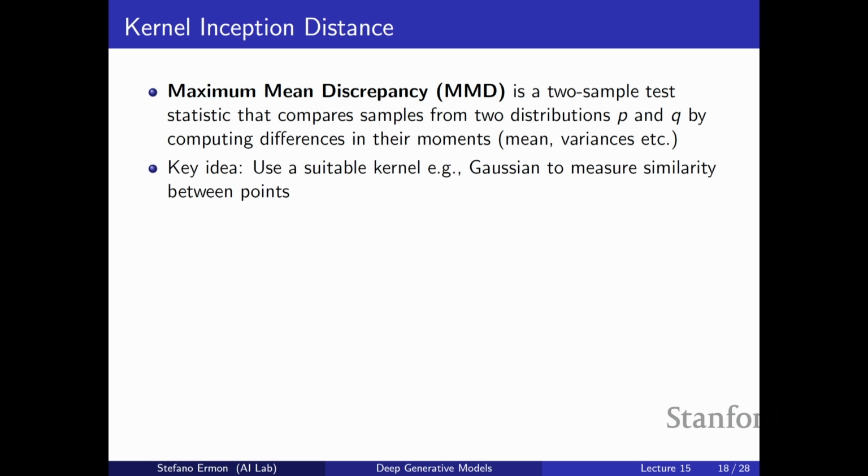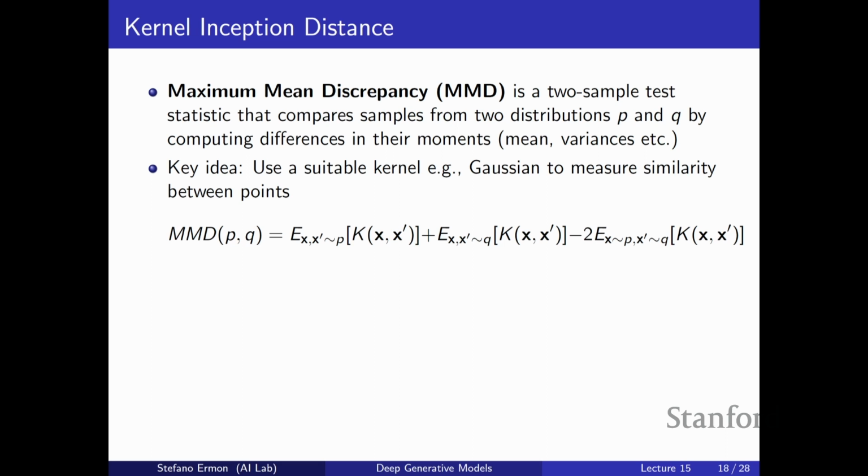More specifically, the way you do it is back to the kernel idea. You use a kernel to measure similarity between data points. If you have distributions P and Q, you check the average similarity between 2 real samples, then the average similarity between 2 fake samples, and then you compare that to the average similarity between a real and a fake sample.